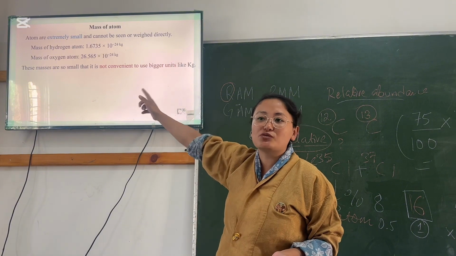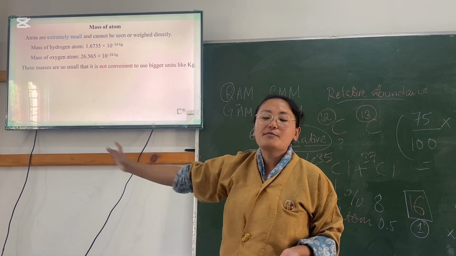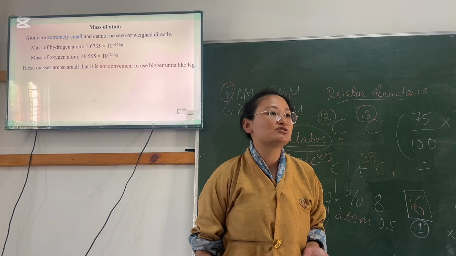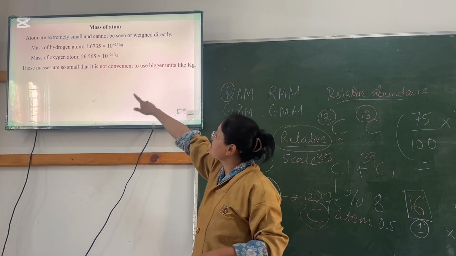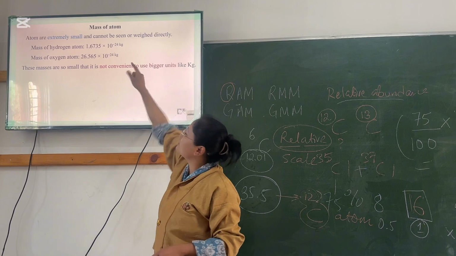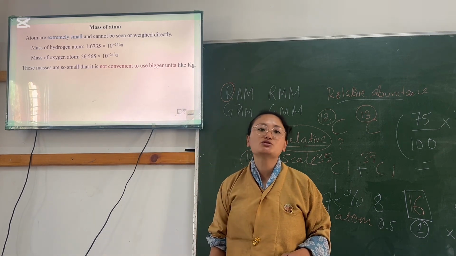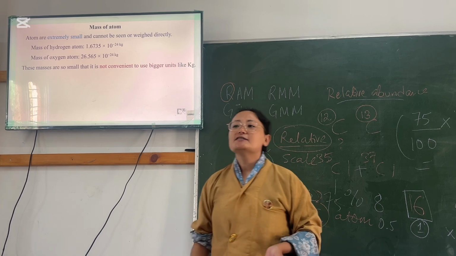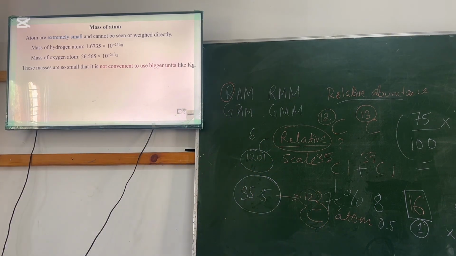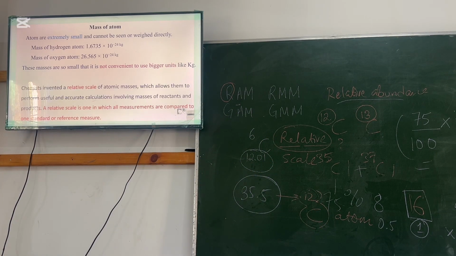But this is not what is given in the periodic table. The periodic table does not give the absolute weight, the exact mass. These masses are so small that you cannot use bigger units like gram or kg, because they are very, very small to weigh. So the chemists invented the relative scale.